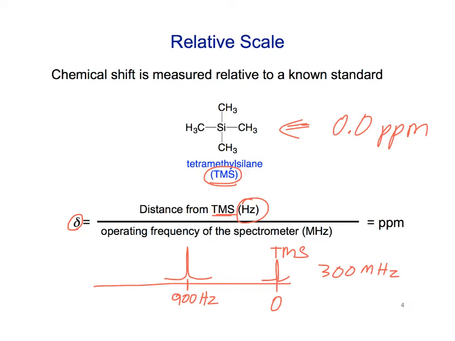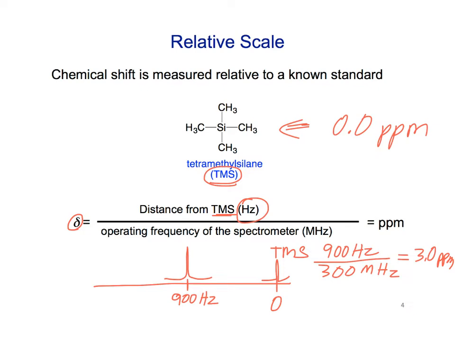So to get the delta scale, we would take 900 hertz divided by 300 megahertz, and this ends up being 3.0 parts per million, because it's hertz per megahertz.